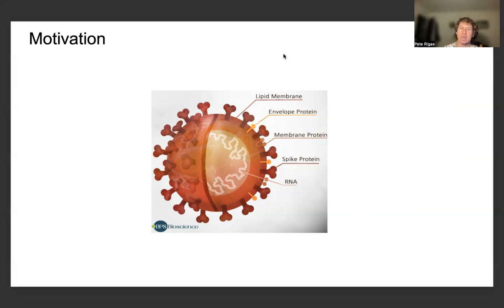And this is just to say that there are several other layers, which is provided from this BPS bioscience image on the side, which demonstrates how, in the case of COVID-19, the structure of the spike protein, as well as the membrane protein, the envelope protein, as well as the lipid membrane, are delivering the RNA, which is triggering the infection.